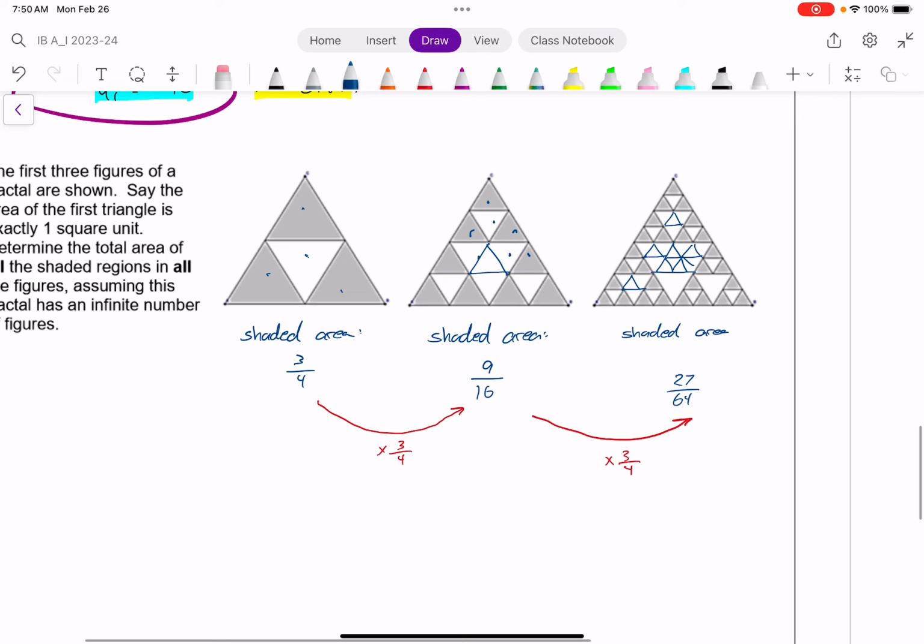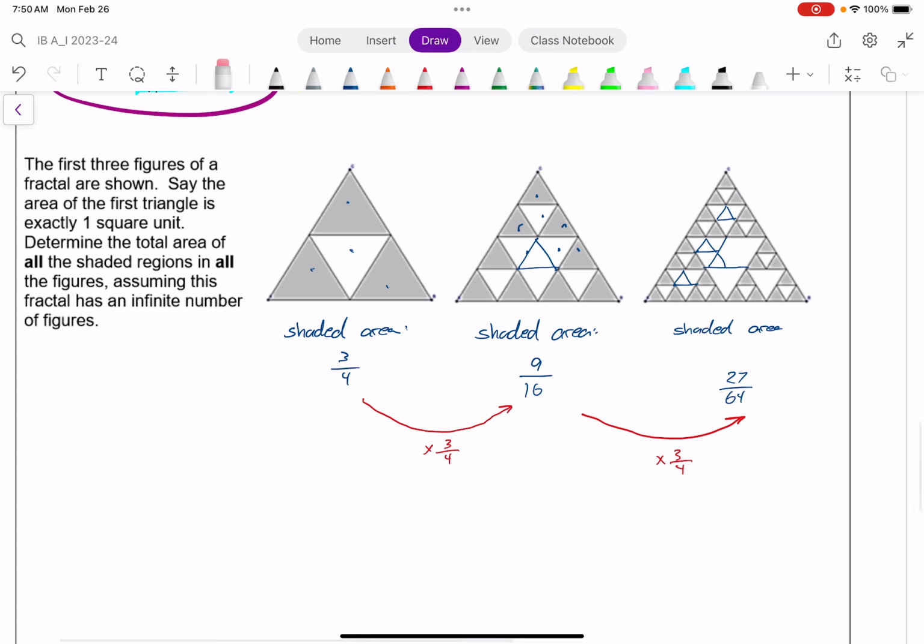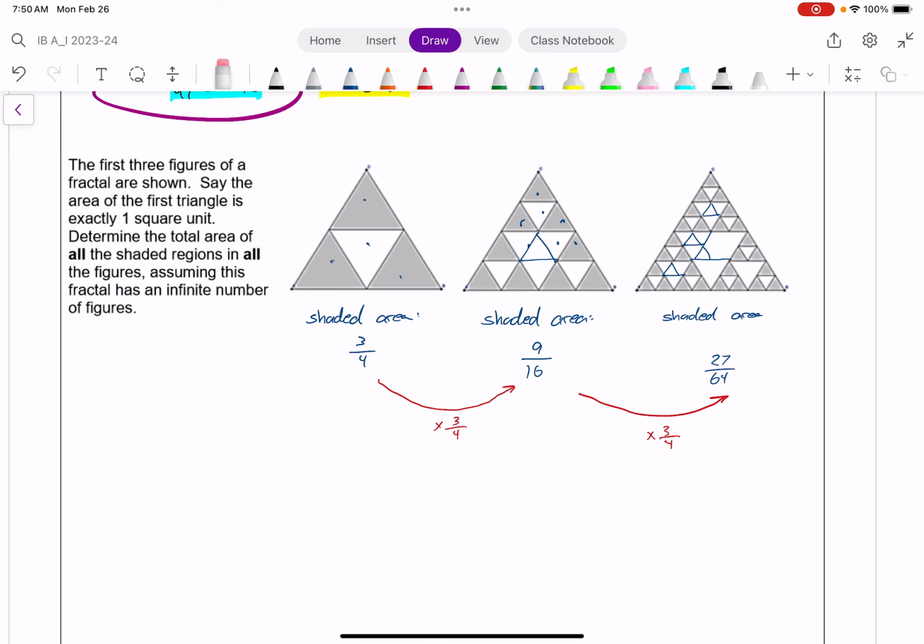which means now this should be really quick. The hardest part's been done. Although I don't like how I drew that, so I'm just going to erase that and make it, there we go. But the hardest part's been done, which was seeing the pattern. If I want to find the total area of all the shaded regions, I just need to find the infinite sum, which is always the first term, which in this case is 3/4, divided by 1 minus the common ratio, which is also 3/4.